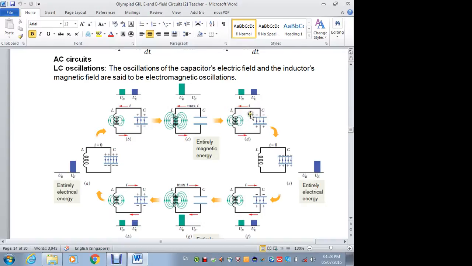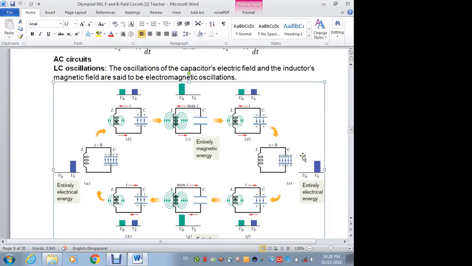Some of the charges have already flowed to this side of the capacitor, so it will start to accumulate positive charge again. So the polarity changes. You can see these two polarities: one is positive up, one is positive down. Then half a cycle later, this is what happens.